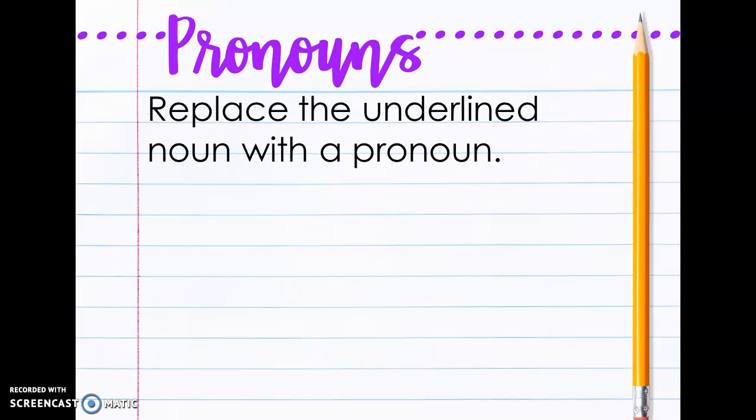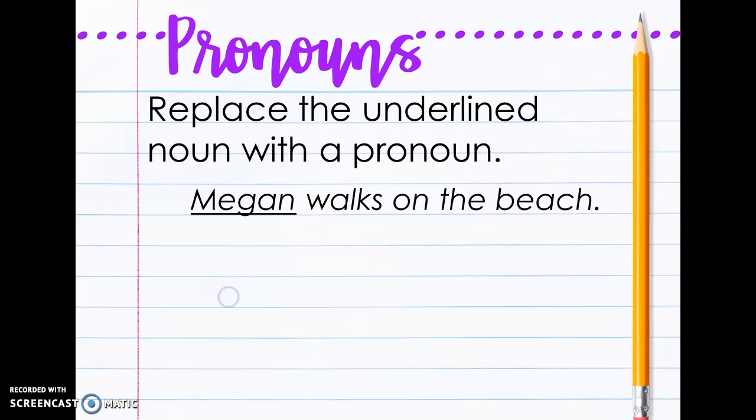Let's practice. Replace the underlined noun with a pronoun. This is something that you can do on a piece of paper or a whiteboard or whatever you happen to have at home. Megan walks on the beach. What can we replace Megan with?